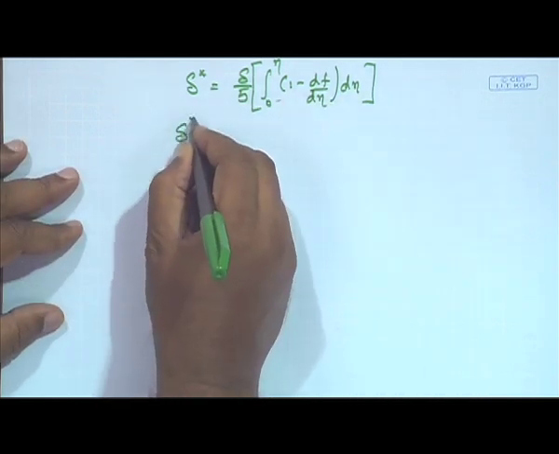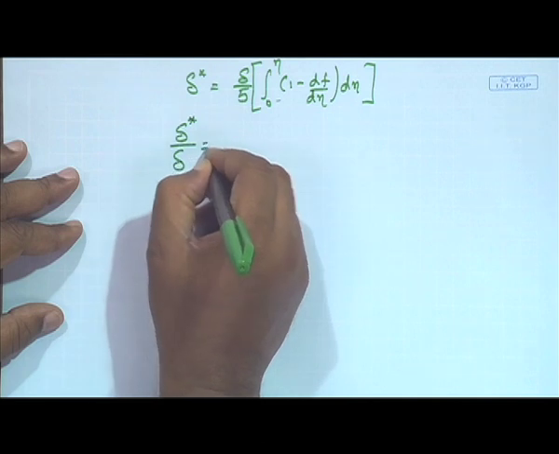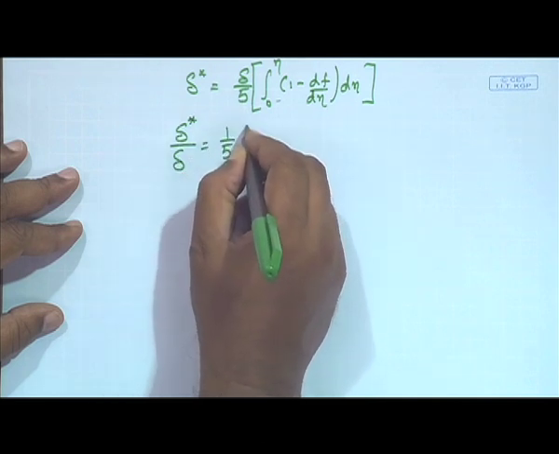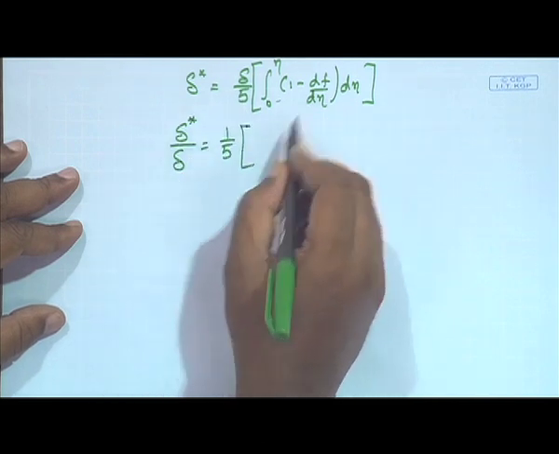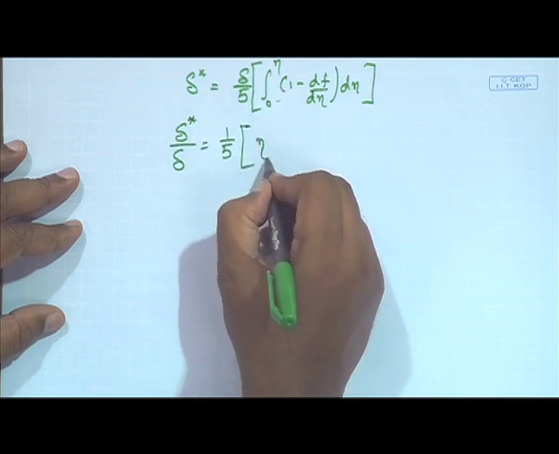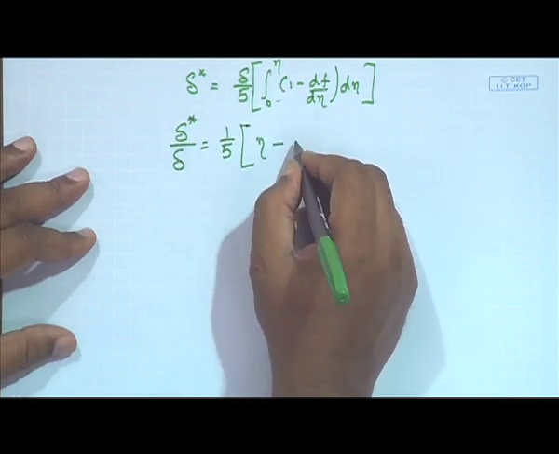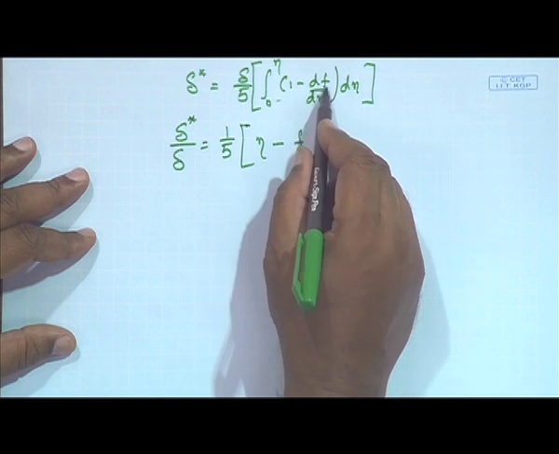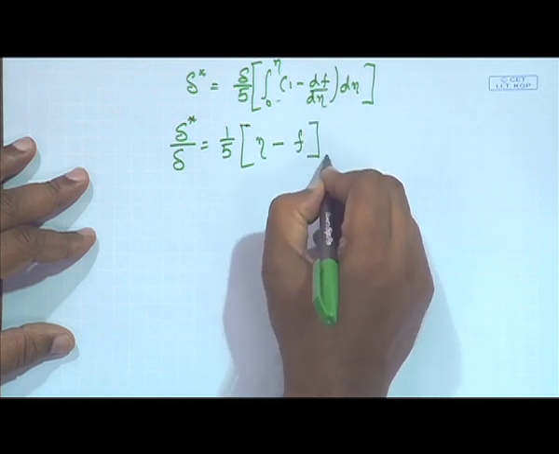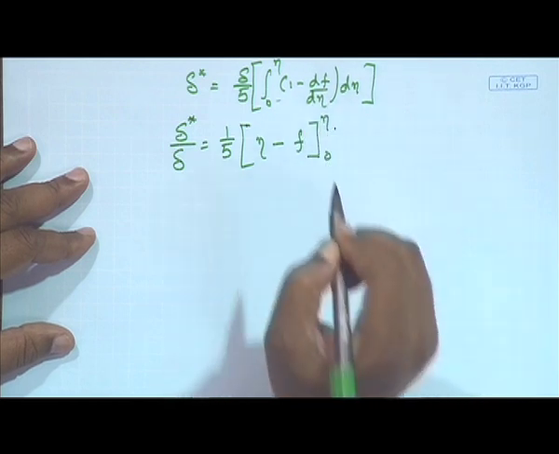So my delta star by delta would simply be equal to 1 by 5 times, if I do the integration, eta minus f, from 0 to the value of eta.